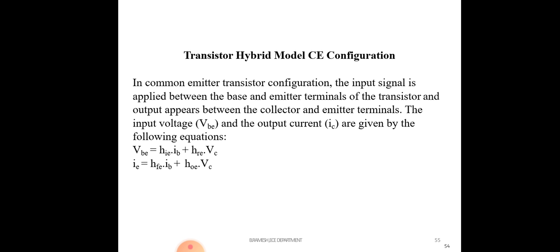Here we used the common emitter configuration, so that is represented by the letter E in HIE. VBE is equal to HIE IB plus HRE VCE.